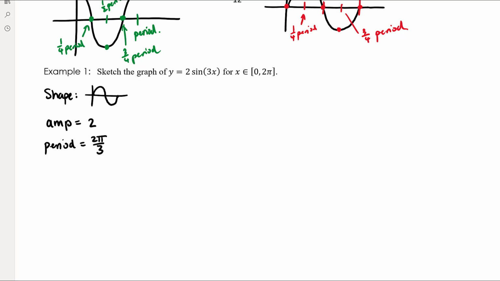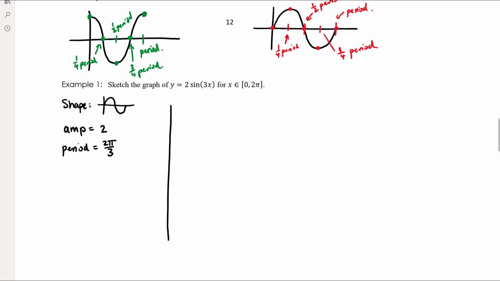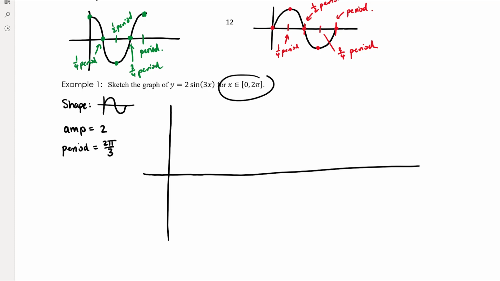Okay, it's then about plotting out our axes. So when we're not translating up or down, which we're not doing at all yet, everything's going to center around the x-axis, so we want that to be in the middle, and we're sketching over this domain, 0 to 2 pi, so thinking about axes that are suitable for that. So we want to go to 2 pi. I'm going to then just halve that, pi, just as a key marker.